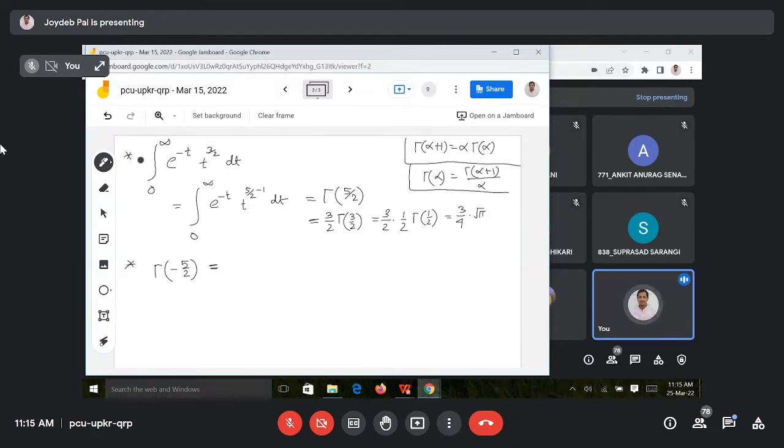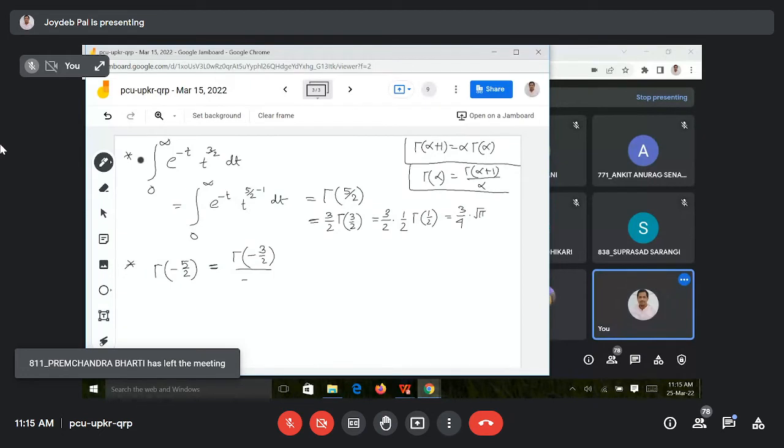So by using that property, what can I write? Think alpha as minus 5 by 2. Gamma of minus 3 by 2 divided by minus 5 by 2.